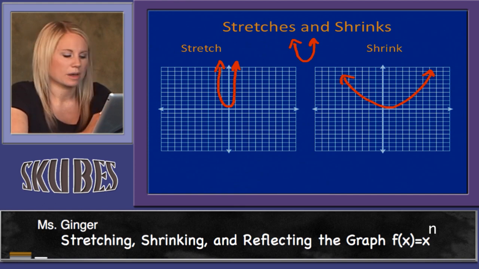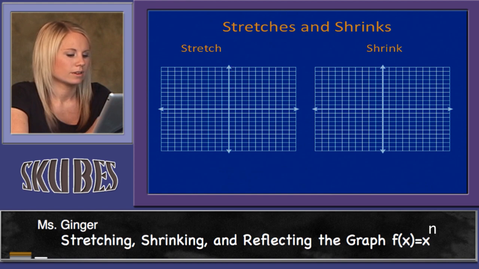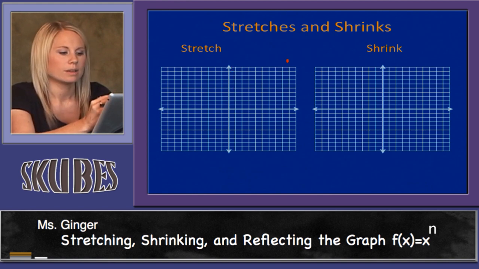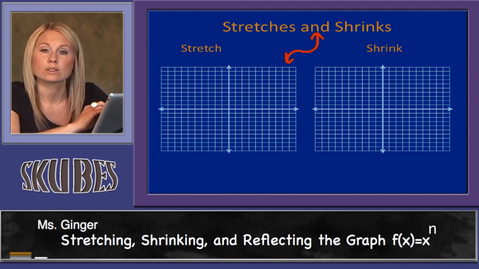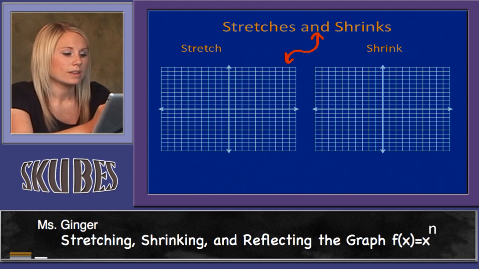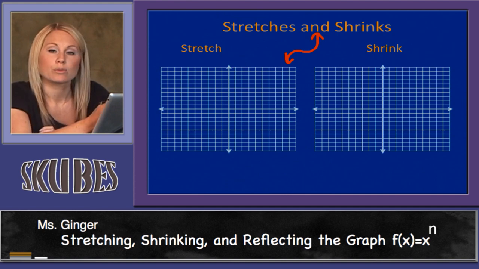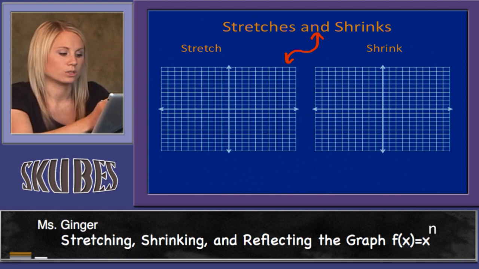Now that's an even powered function. Let's take a look at an odd powered function, something that's doing different things on both ends. There's a parent graph, for instance, of x to the 3rd power, and when that's stretched, it's going to look like it's being pulled from both ends, getting longer towards the y-axis.